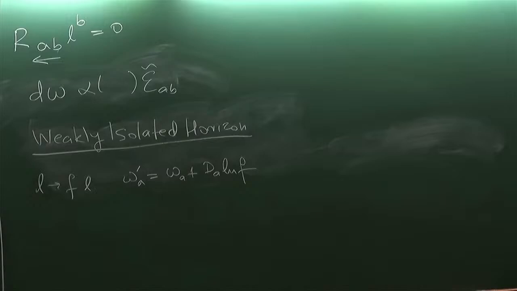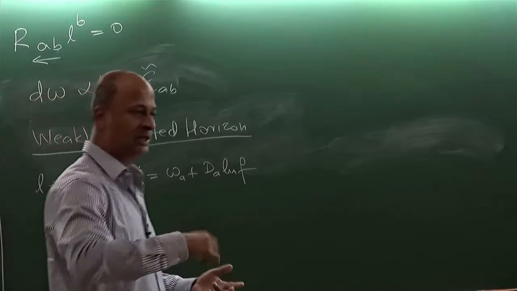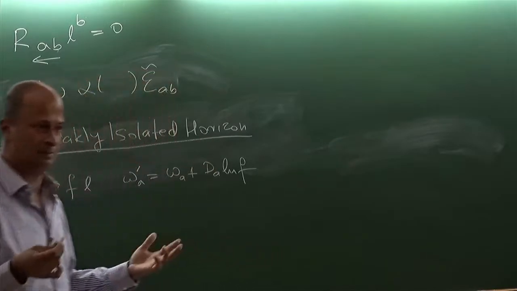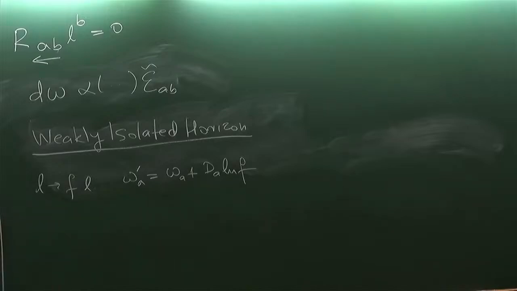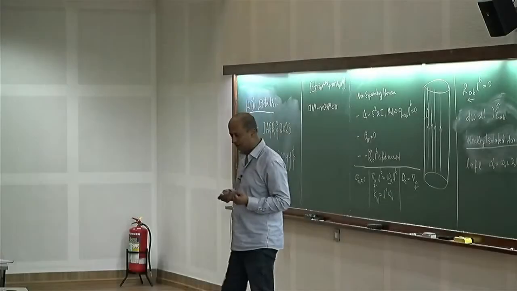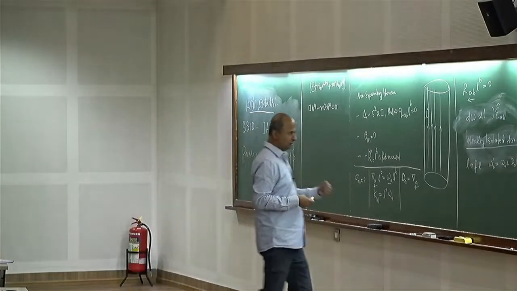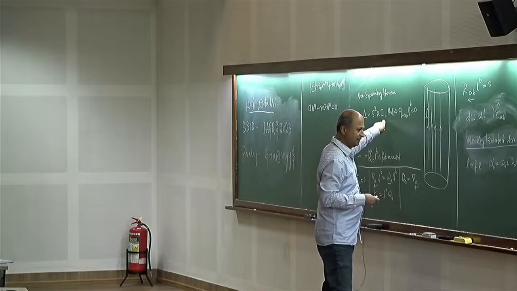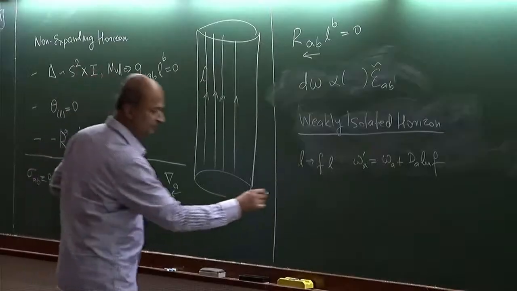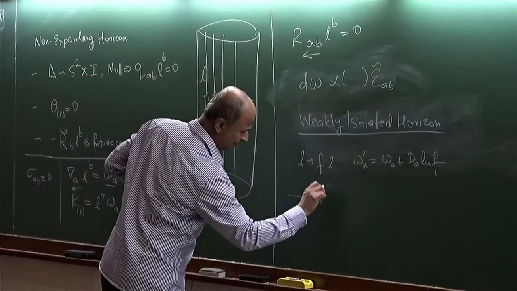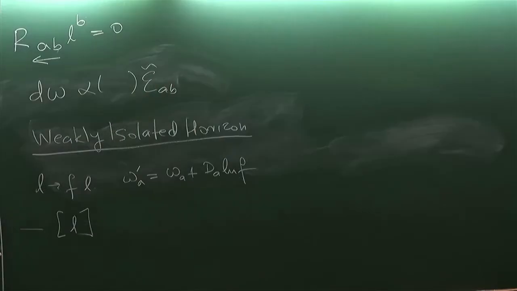And again, for a Killing horizon, this happens automatically because the Killing vector can only be scaled by a number, generally speaking. So then a weakly isolated horizon is a non-expanding horizon with a preferred class of null normals L, such that any two members of this equivalence class are connected by a constant.